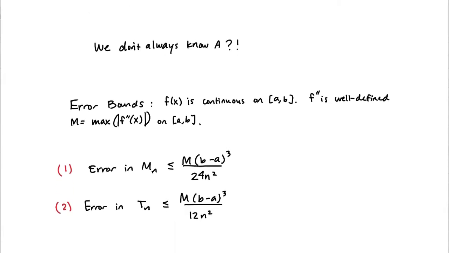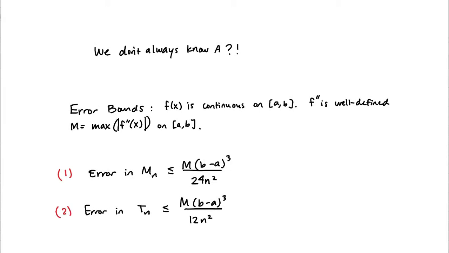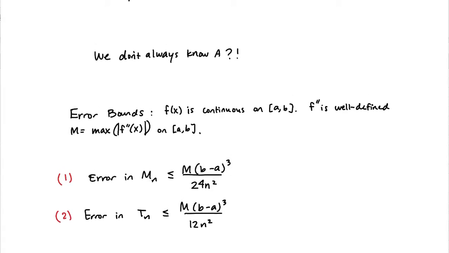Here are our formulas for midpoint and trapezoid rule. The error for the midpoint must be less than or equal to that max value, M, times b minus a cubed, over 24n squared. This is the piece that handles how many intervals you did.